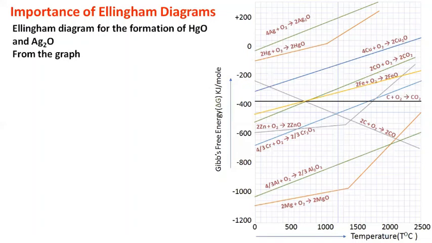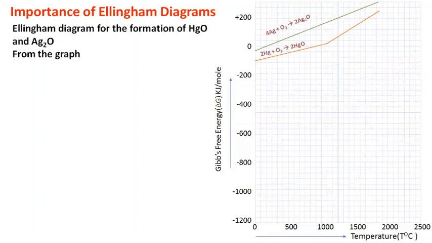Ellingham diagram for the formation of mercuric oxide and silver oxide. So I am highlighting only those two. You can see mercuric oxide and silver oxide.